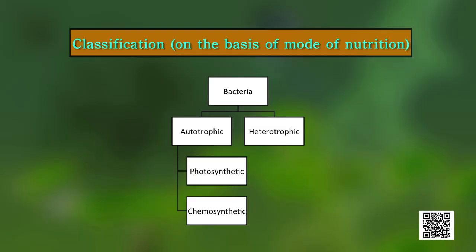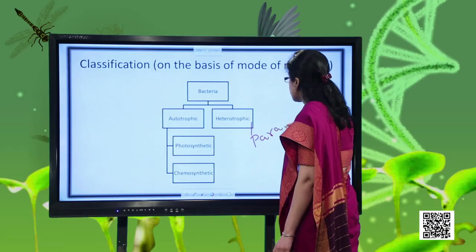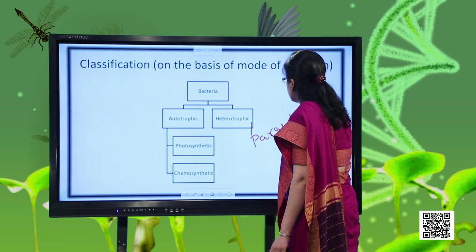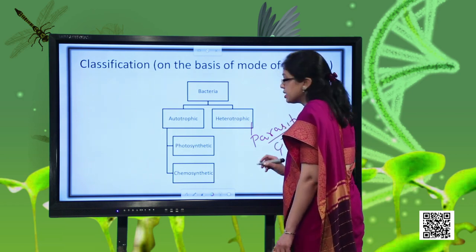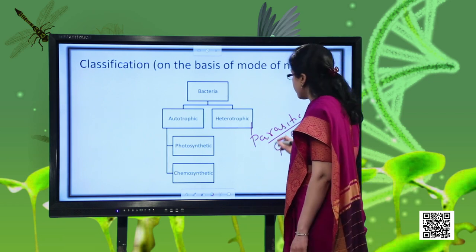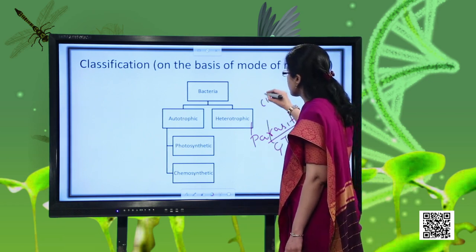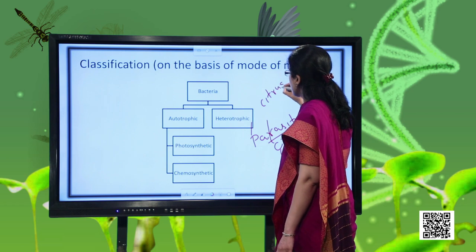And for learning the names of different parasitic bacteria, I can give you a short trick, and that is CTCT. Okay. Now let's see what this word means. First alphabet C refers to citrus canker. Okay, this is a bacteria which is a parasite on plants.